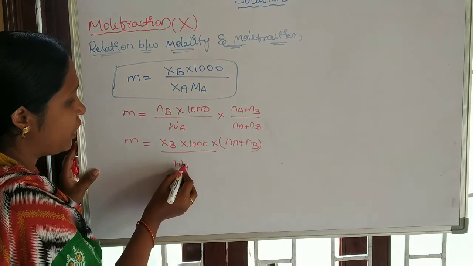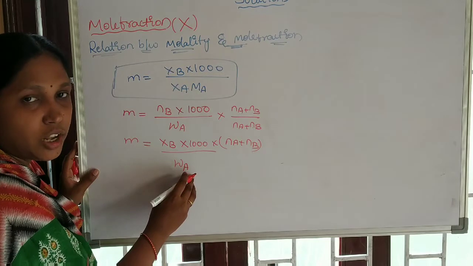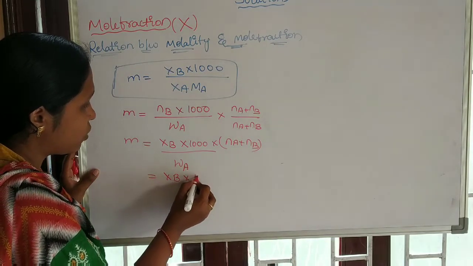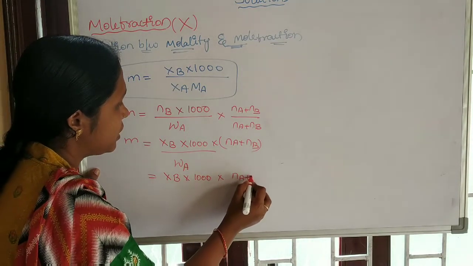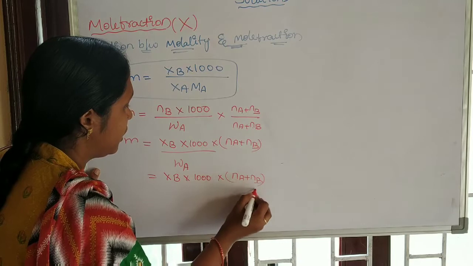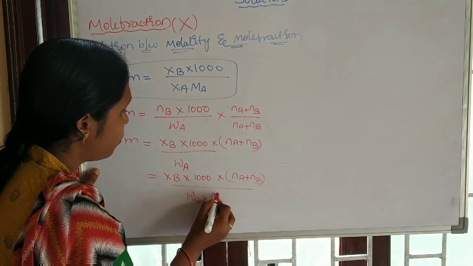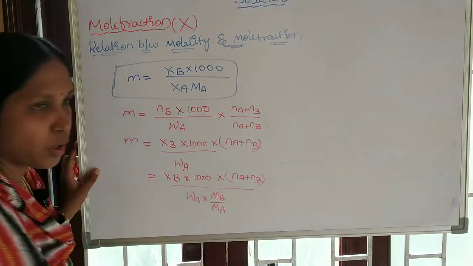Here the weight of solvent is multiplied and divided by the molecular weight of solvent. So Xb into 1000 into Na plus Nb divided by weight of a solvent into molecular weight of a solvent by molecular weight of a solvent.